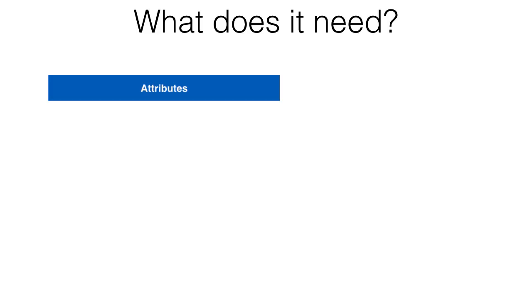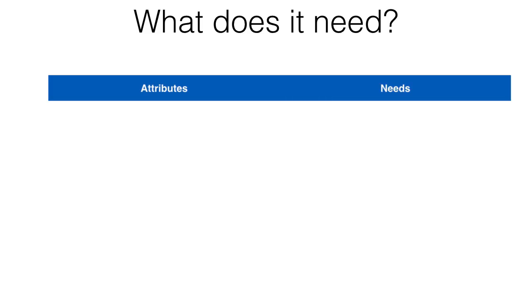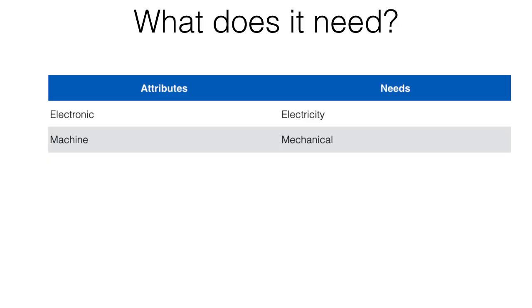So what does it need? What's a computer need? So let's look at the attributes again, and then we're going to specify the needs. All right, so we know that one of the attributes is electronic, right? So it needs electricity. It's a machine. It's mechanical. It stores information. It needs retention circuits. Okay. And we're going to get to that later in this course. What are these retention circuits?